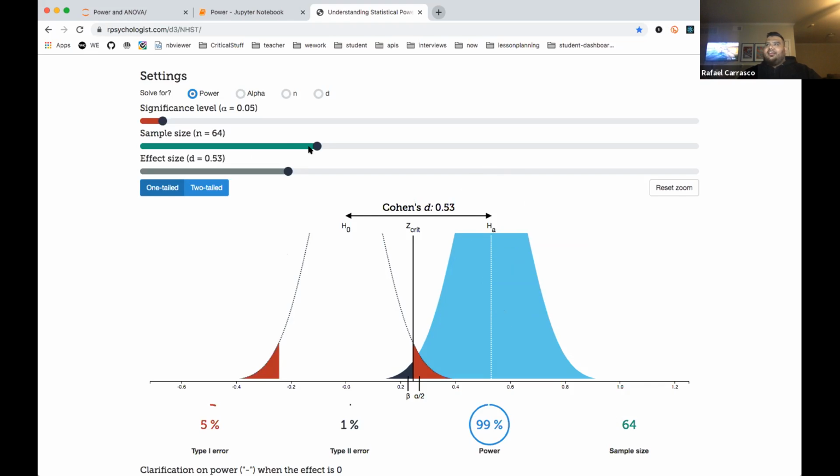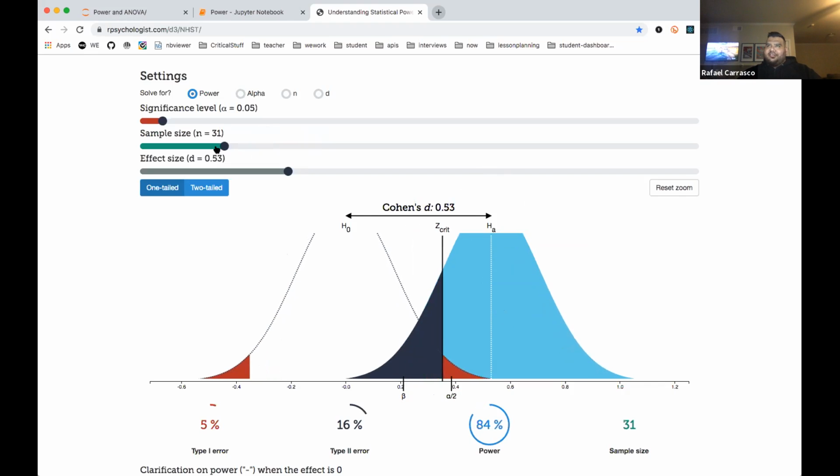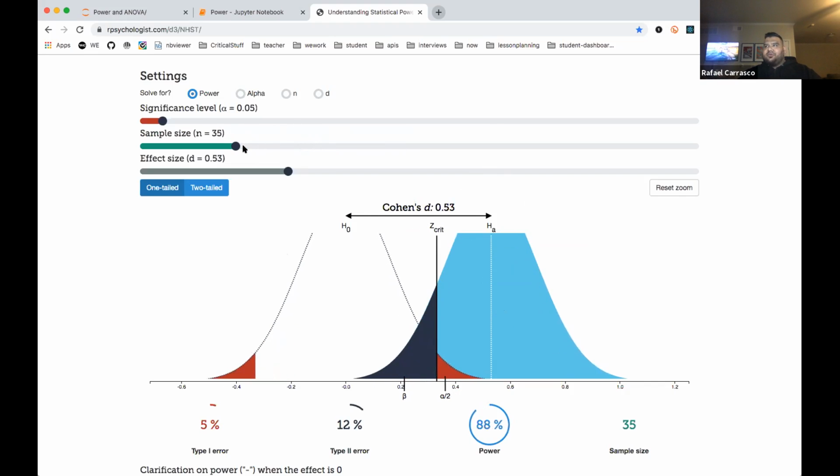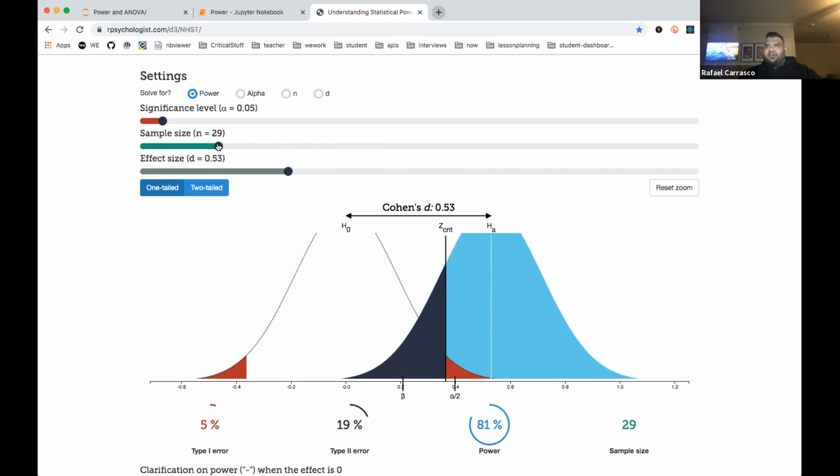If you change your sample size, it actually changes your power. So smaller gives you smaller power. Now let's say we have a sample size that's consistent at 30, and we change our effect size. What's going to happen if I increase my effect size? Is power going to go up or down?